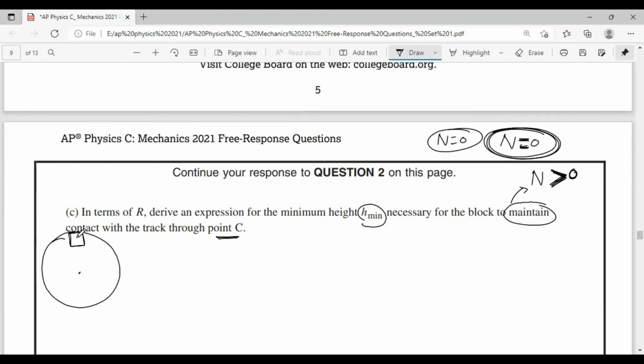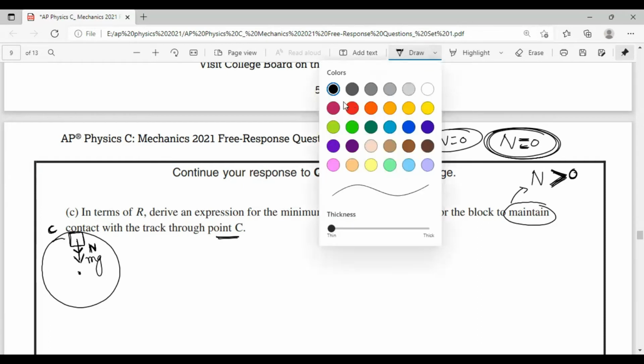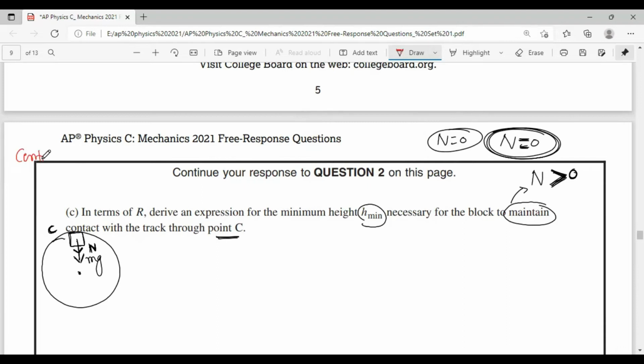Okay, so let us draw the free body diagram. At point C, there will be mg acting vertically downward, and also a normal force acting downward, right? And friends, as you know, the centripetal force, this is a very fundamental thing.